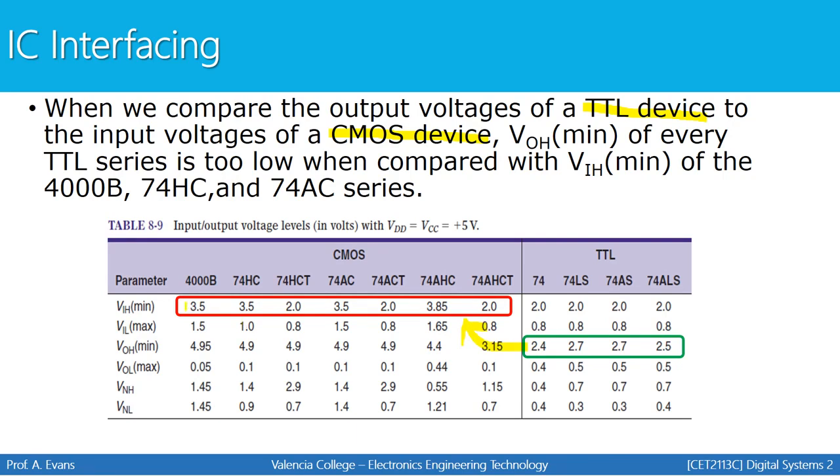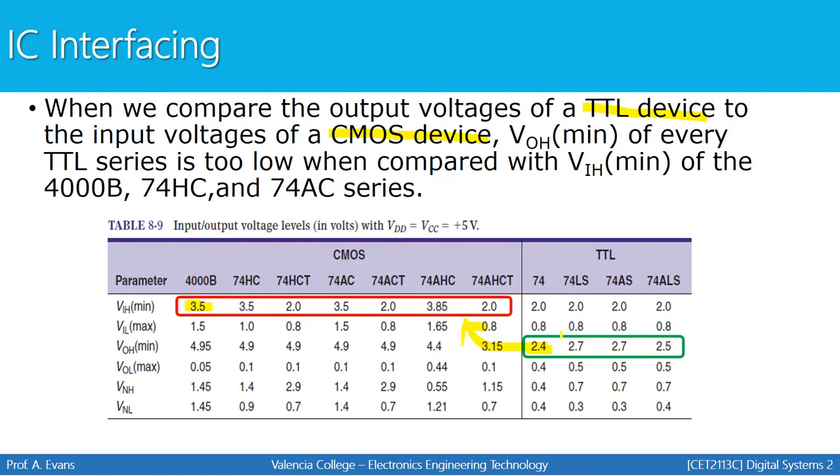So imagine that the load might be any one of these values. So for example, let's say that a 74 is going to be driving a 4000B. The 4000B needs a high level input voltage of at least 3.5 volts. This one's only going to provide 2.4. That's an issue. So your TTL device is going to be sending out a high, but your CMOS device won't be receiving it as a high because the voltage isn't high enough.